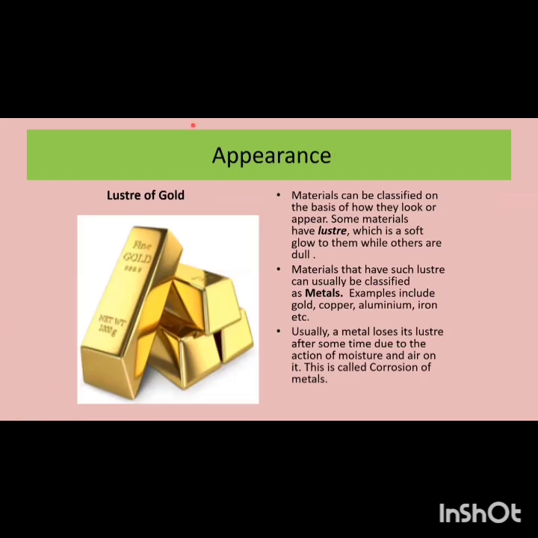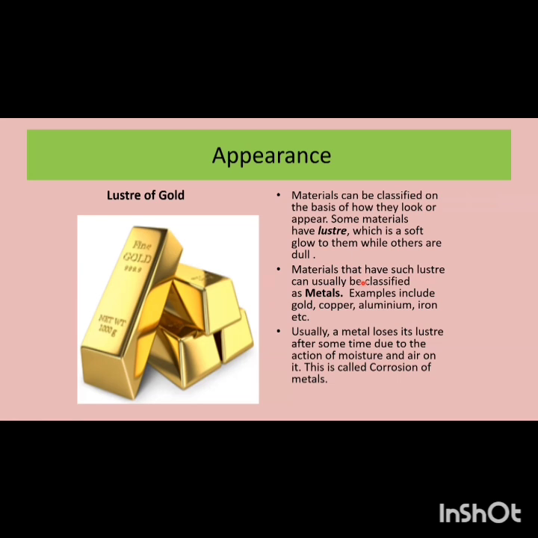First of all, appearance. This is the luster of gold. But what is luster? Materials can be classified on the basis of how they look or appear. Some materials have luster, which is a soft glow to them, while others are dull.